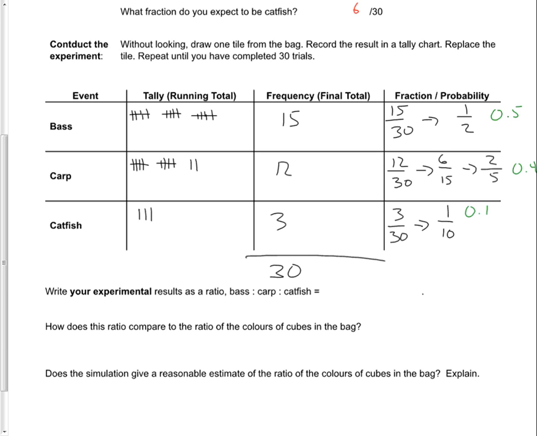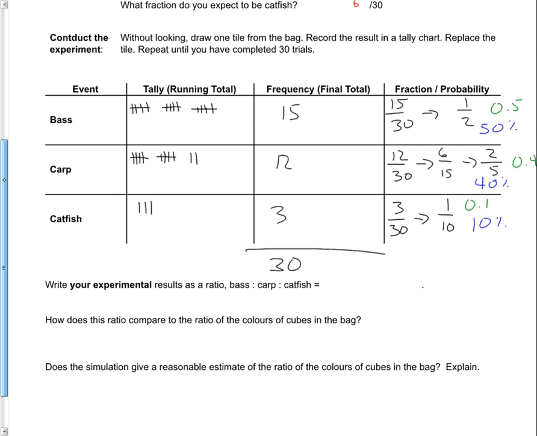I can also convert them into percentages. So 0.5 as a percentage is 50%, 0.4 is 40%, and 0.1 is 10%. You may be asked, for example, to write something as a fraction in lowest terms, a decimal, and a percentage, or some variation thereof.